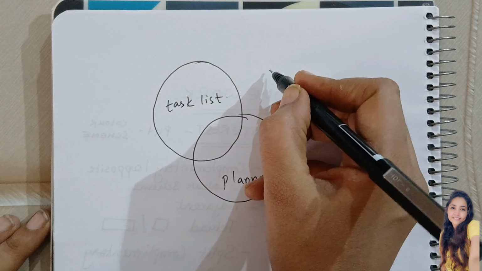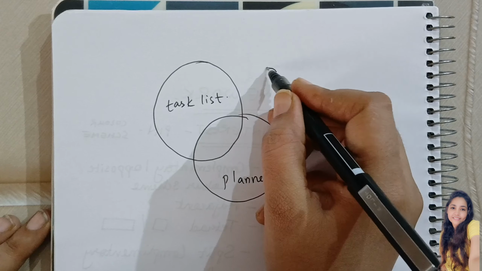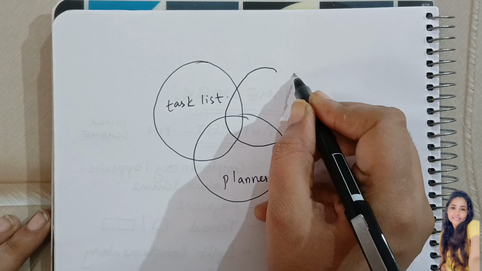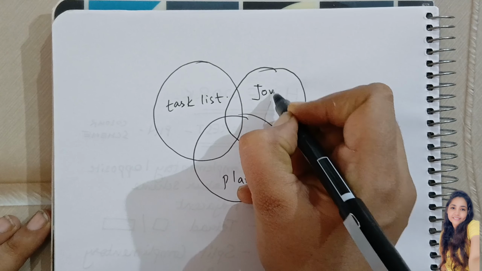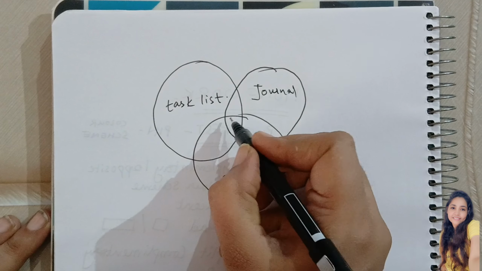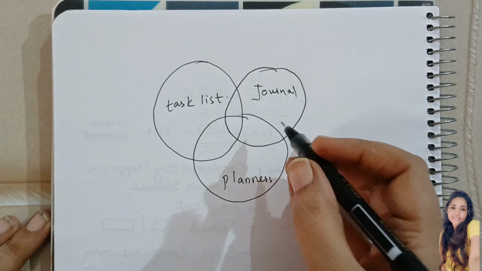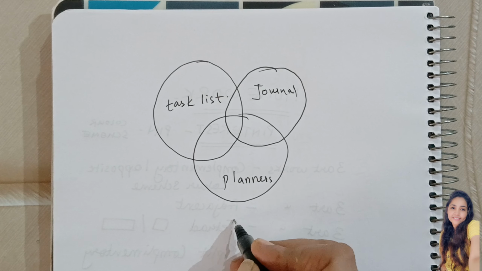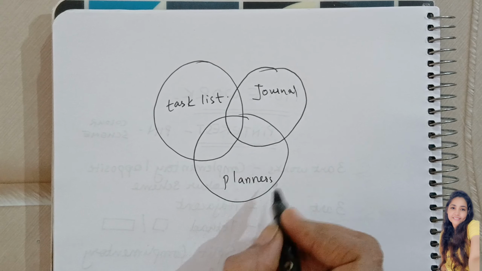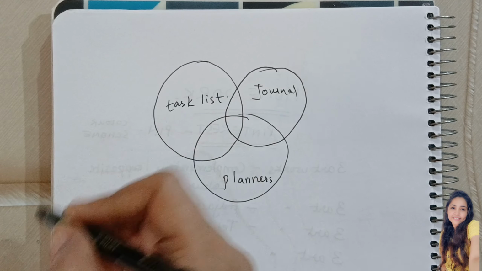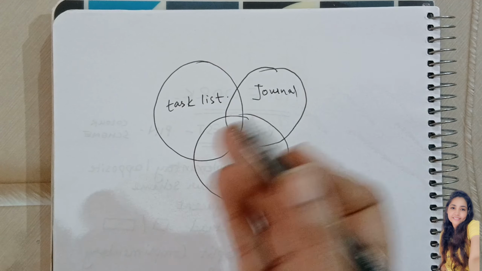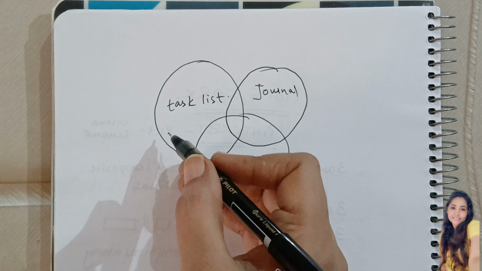Alright. Now, there is one more thing which is called journaling. So a journal, or maybe a diary. Let's say I have a class from 1 to 5, that goes under planning. What all I have to do before and during the class and maybe after the class goes in the task list.